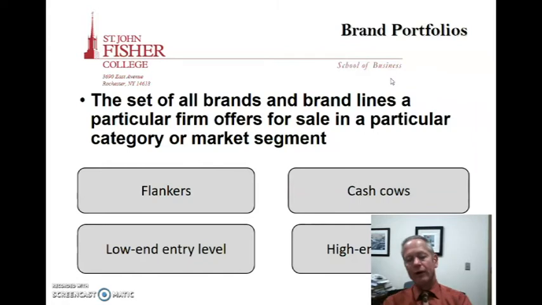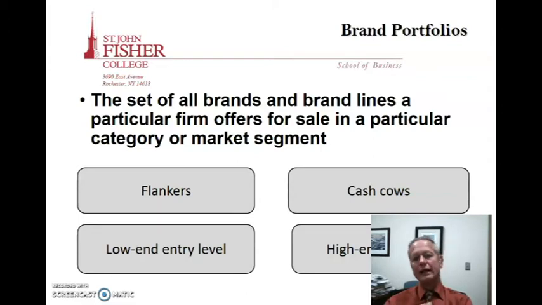Your brand portfolios, you could have flanker brands. Flanker brands are brands that are not necessarily in competition with the current brand, but other brands like that. Well, I guess Coke, and then a flanker brand would be Diet Coke.